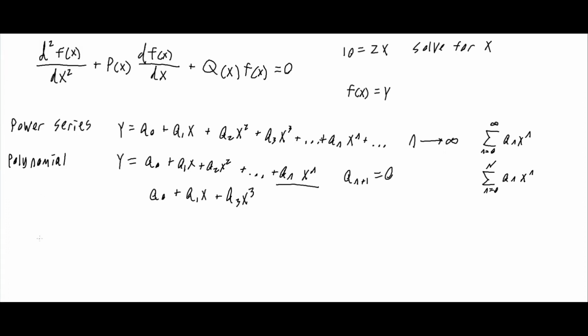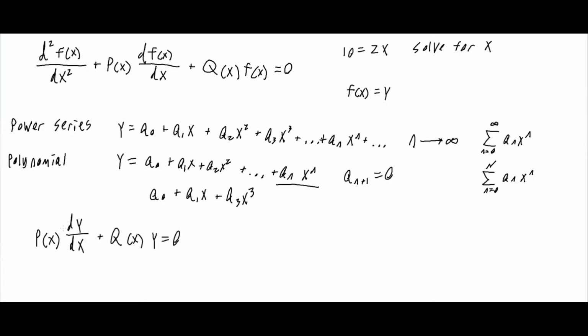And so a first order would just be, we would have this function here, dy, so I'm using f of x equals y. Just remember that y is just some function of x, dx, plus q of x, and then y equals 0.